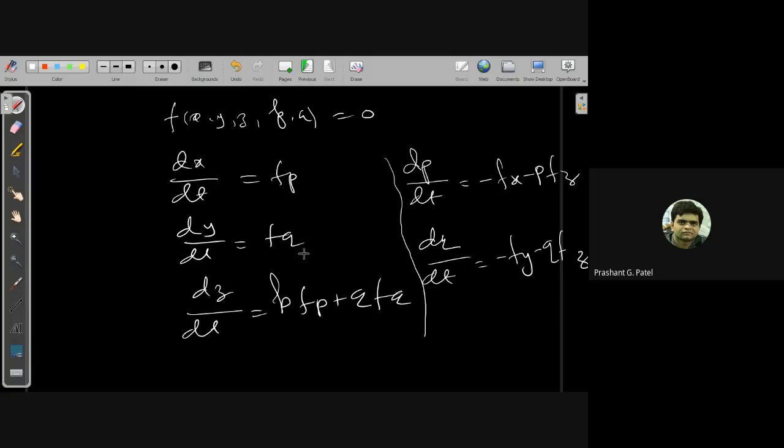And there are 5 unknowns. What are those unknowns? x, y, z, p and q. Okay, and there are 6 equations. And thus this system is not overdetermined. So consider the solution of 5 equations.